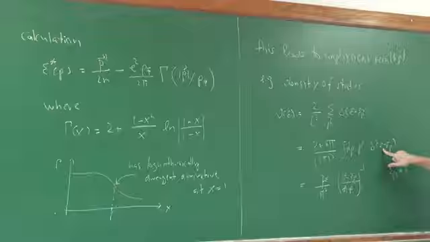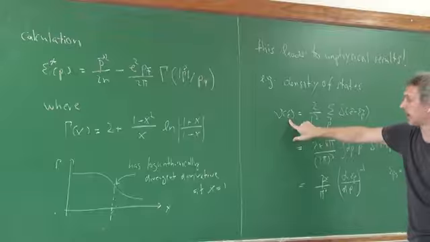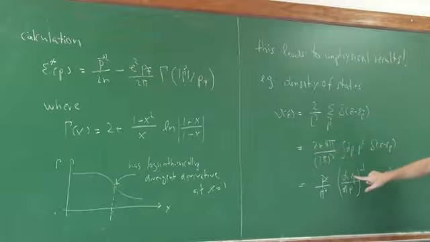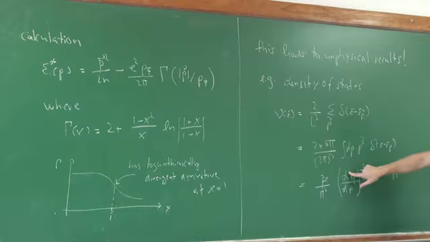So the message here is, if you look at the single particle density of states at an energy epsilon, it is proportional to p squared divided by the derivative of the spectrum with respect to p, so it's the inverse of the derivative of the energy.